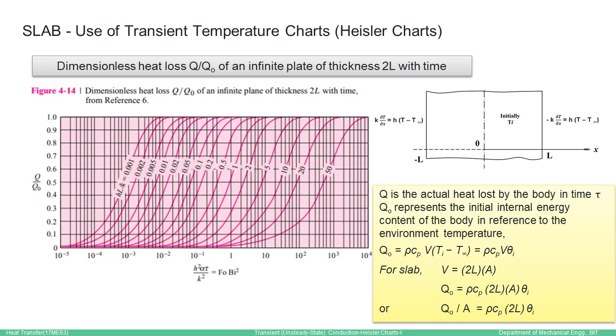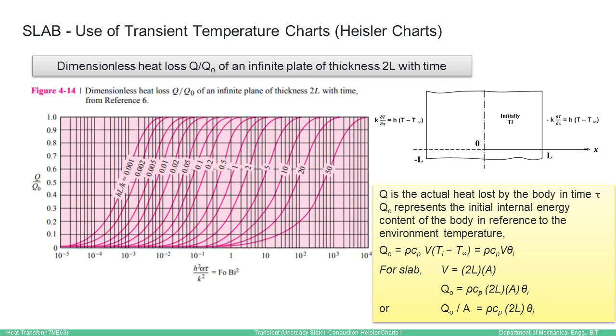But for the case of a slab, the volume is equal to thickness multiplied by the surface area on one side, so V is equal to 2LA. Substituting that in the equation for Q naught, we get rho Cp into 2L into A into theta i, where theta i is Ti minus T infinity. If you want to know Q naught by A, then we have rho Cp into 2L into theta i.